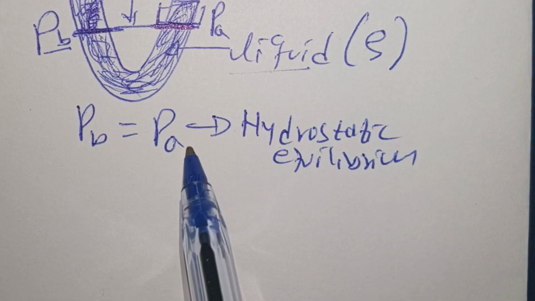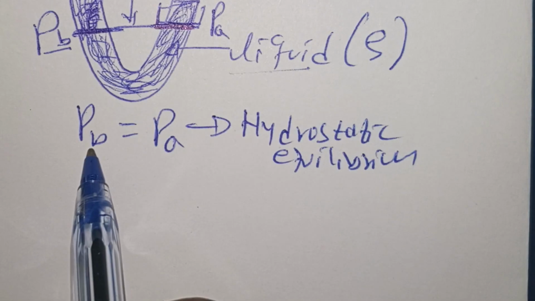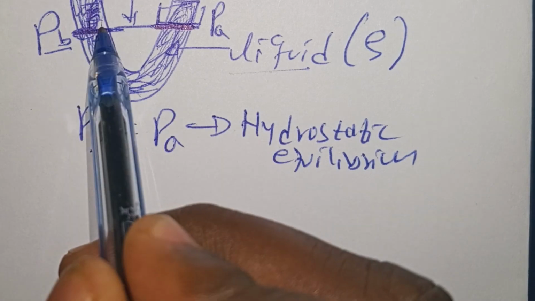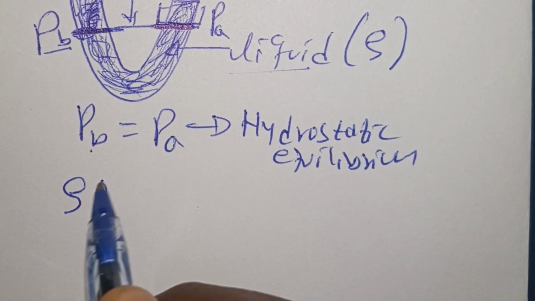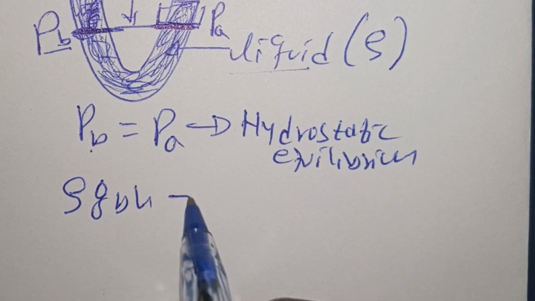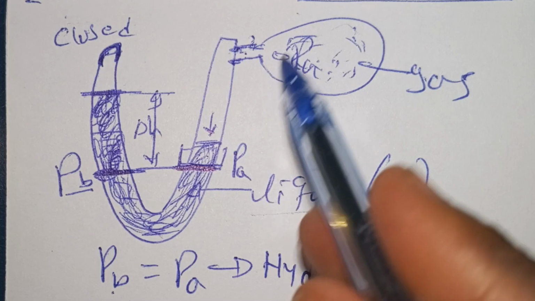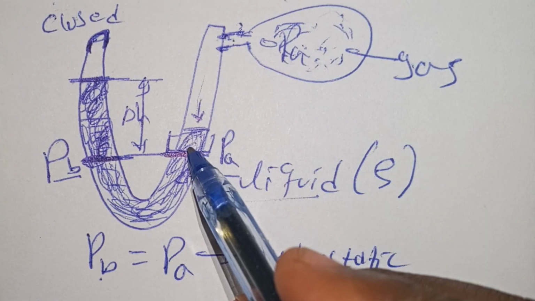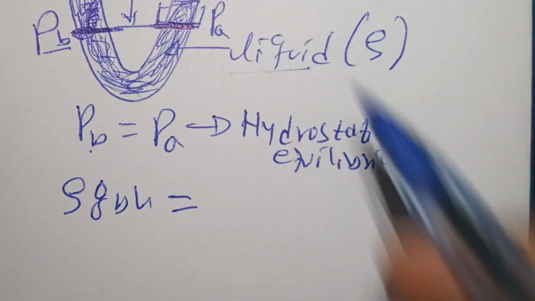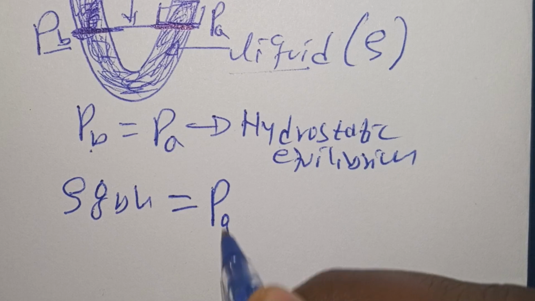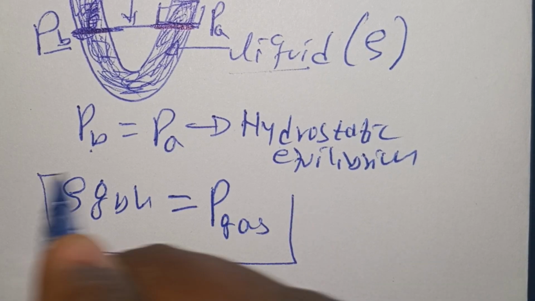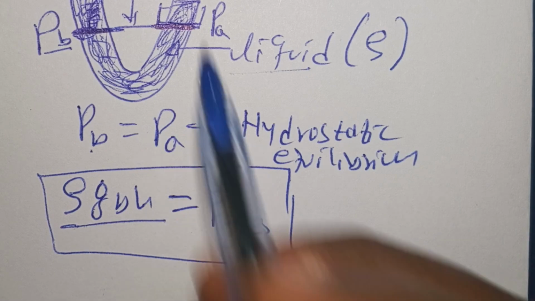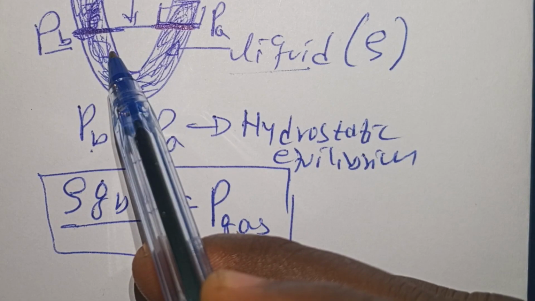So by using the concept of hydrostatic equilibrium, the pressure at point B is the pressure due to the column of the fluid above point B, that is rho times g times the height difference, which must be equal to the pressure at point A, the pressure of the gas pushing the column of liquid through the tube. So the pressure of the gas in the closed-end manometer is equal to the pressure due to the column of the liquid inside this manometer.